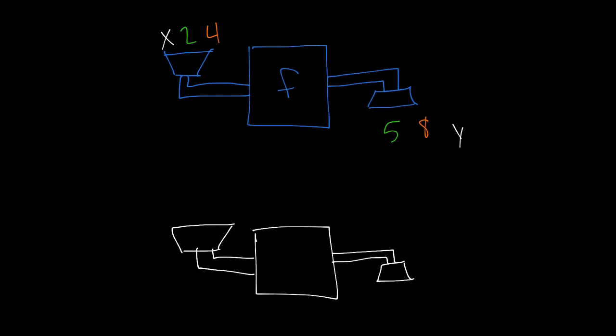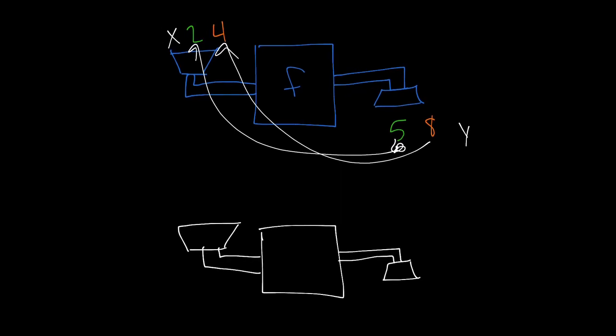Well, what if we wanted the machine that would undo that function? What if we wanted a machine where when we put in a 5, we get out the 2, or if we put in the 8, we get out the 4? Whatever that machine is called the inverse function. The inverse function we can write as f to the negative 1, but it's not a negative 1 power like we've talked about.